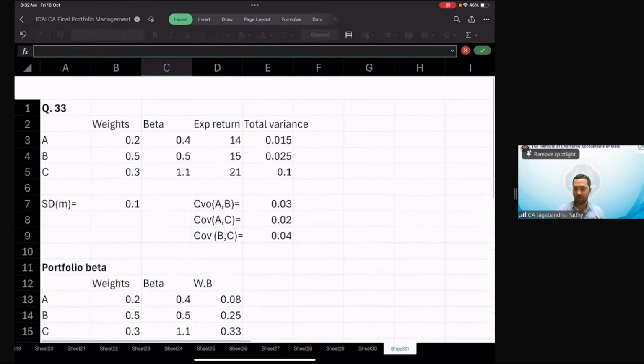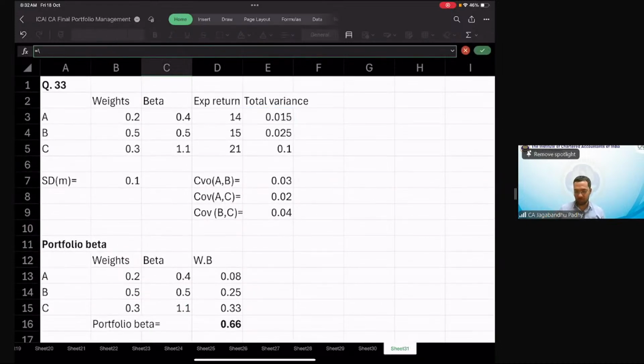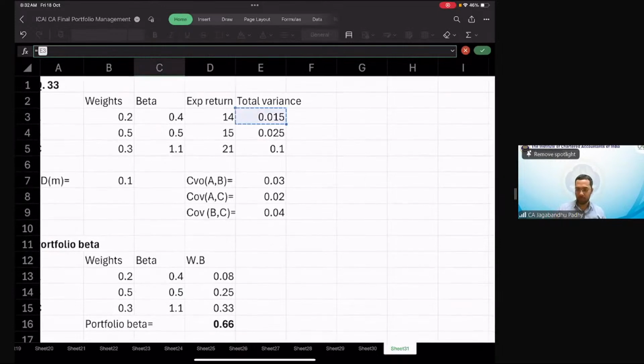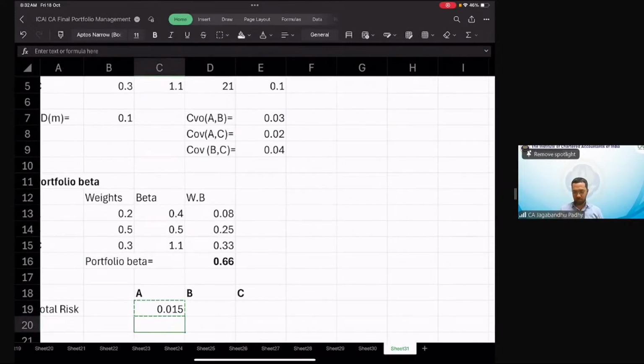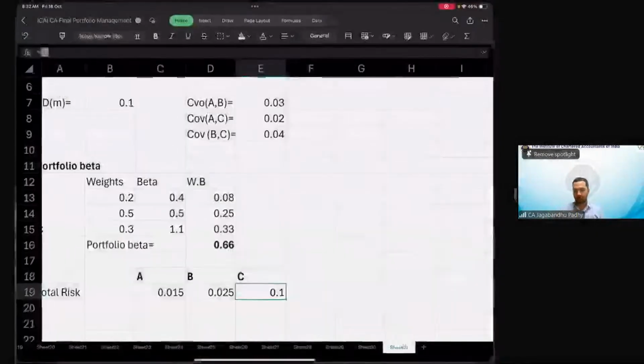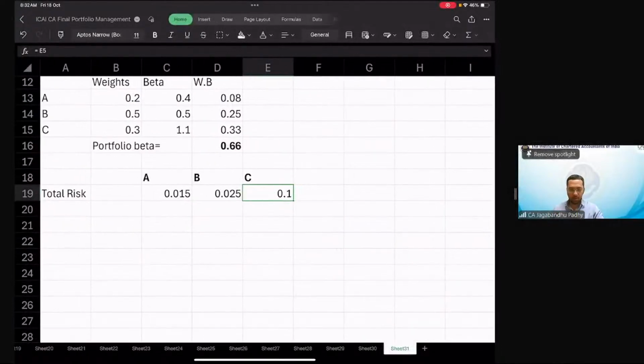Total risk of A is 0.015, and same way for B, we have 0.025, and for C it is 0.1. Okay, that's the total variance. Now we need to get the unsystematic risk. To get the unsystematic risk, I just need to subtract the systematic risk.